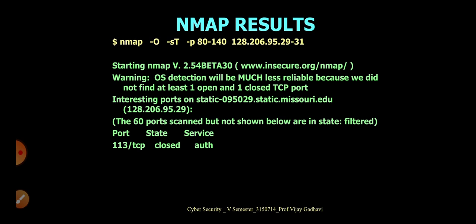That means starting nmap version 2.54 beta 30. For reference, we paste this URL, www.insecure.org/nmap. The warning is the OS detection will be much less reliable because we did not find at least one open and one closed TCP port.